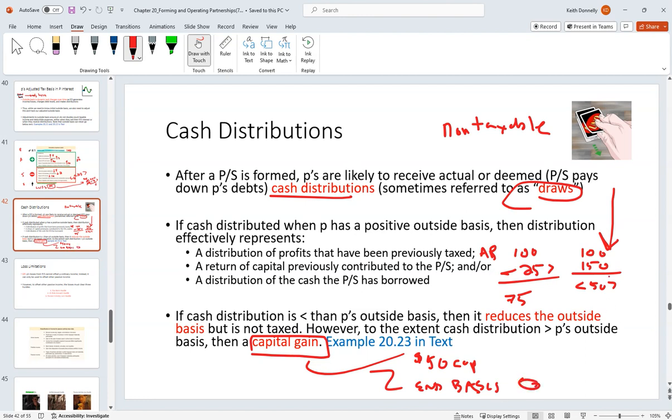In other words, even though we calculated negative 50, your basis can never go below 0. So it gets more complicated if there's property involved and things like that. But for right now, you just need to know, hey, distributions are generally going to be non-taxable and they're going to reduce your basis.